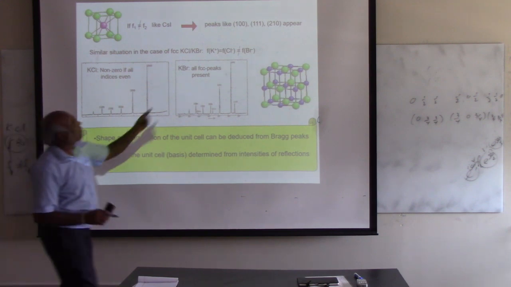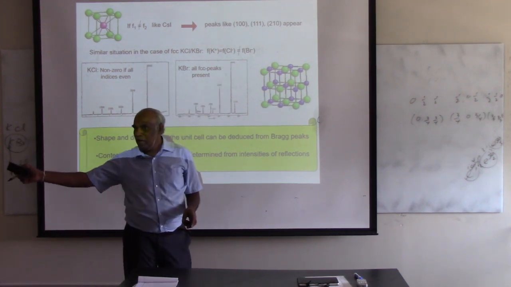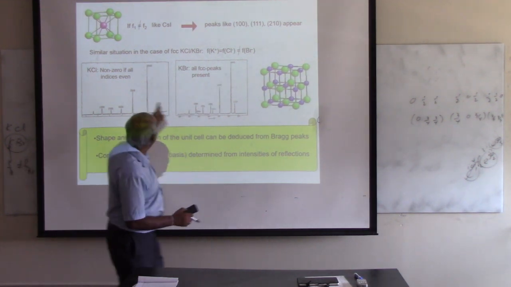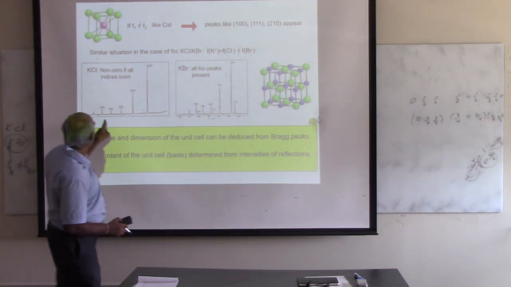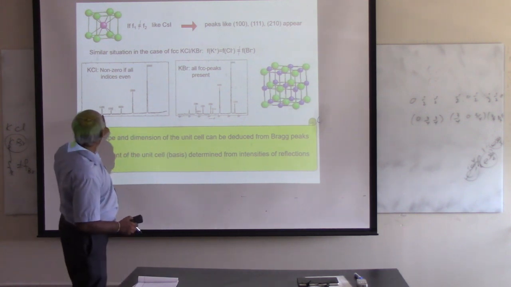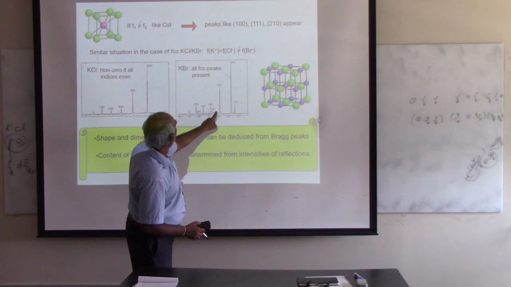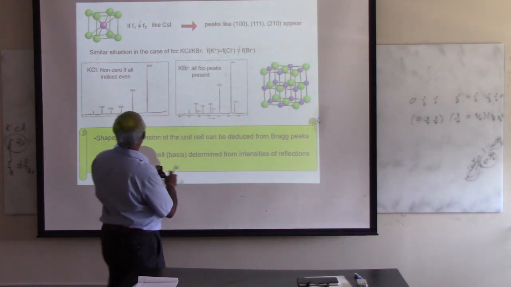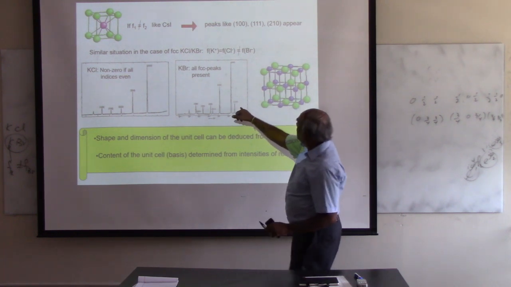But in the case of potassium bromide, since Fk and Fbr are not equal, the things that you don't see here, you will observe here. You can see these peaks, all these things are here, but there are some additional peaks like 311 and 111, right?